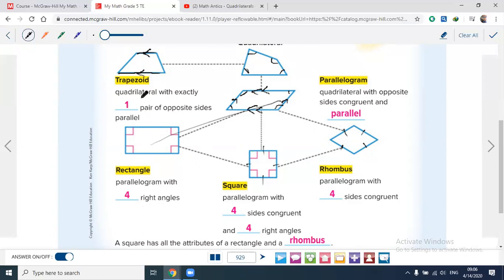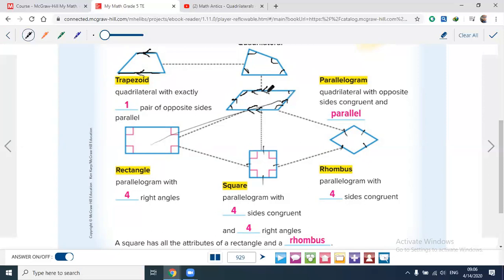So, as you see here, a trapezoid is a quadrilateral with exactly one pair of opposite sides parallel. As you see, only one pair. And a parallelogram is a quadrilateral with opposite sides congruent and parallel.